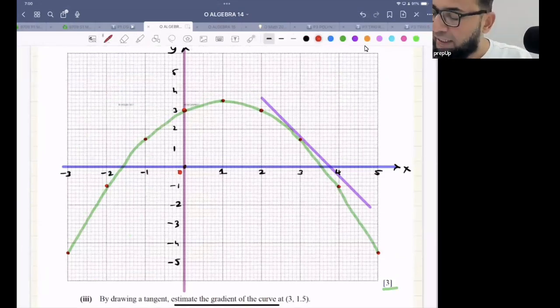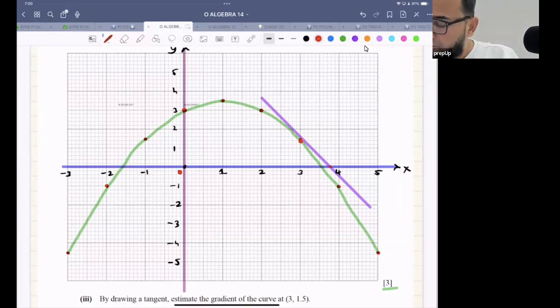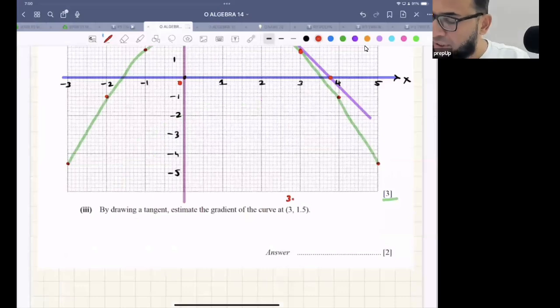So I'll be choosing this 1 point. That's right over here, 3 comma 1.5, and let me choose another point that's right over here, which is 3.8 comma 0. Let me make the marker thinner.